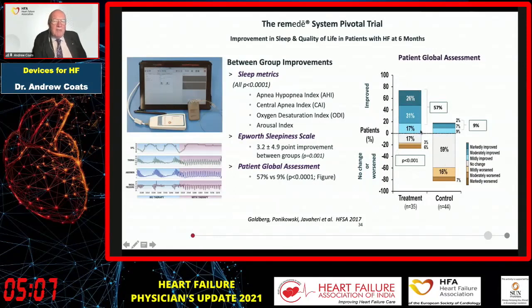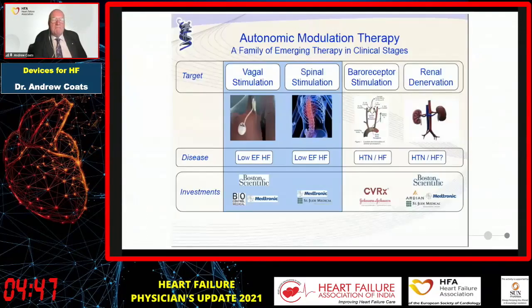I put it into this talk because it does it by preventing Cheyne-Stokes respiration. And in doing that, it has a very beneficial effect on sympathovagal balance because Cheyne-Stokes ventilation itself is associated with a very abnormal cardiopulmonary sympathovagal imbalance we see in chronic heart failure, which turns our attention to other autonomic modulation therapies.